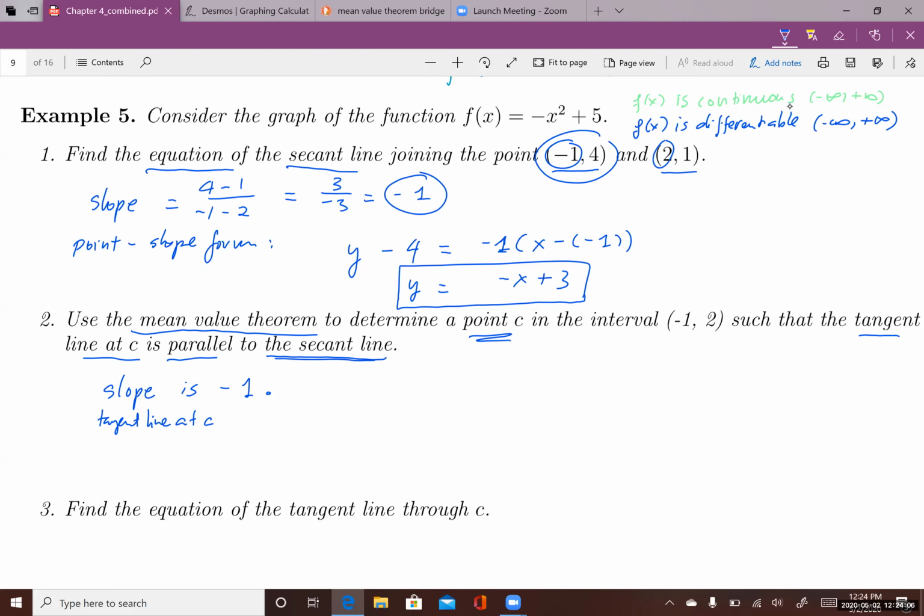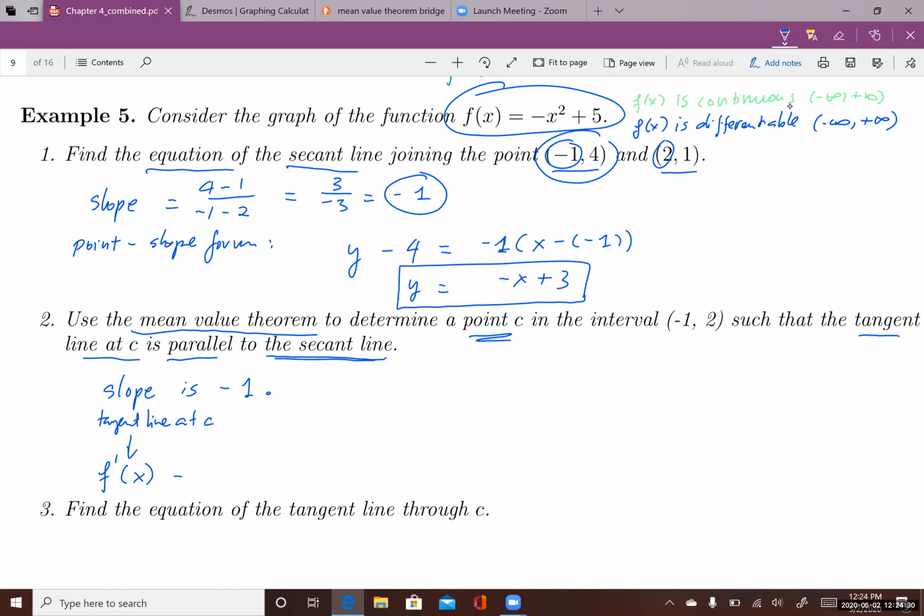We know the slope of the tangent line at C, and how can we find the slope of the tangent line of a function? Well, the slope of the tangent line of the function is actually just the derivative of the function. So we need to find the derivative of f of x. Simple enough, we just use the power rule.